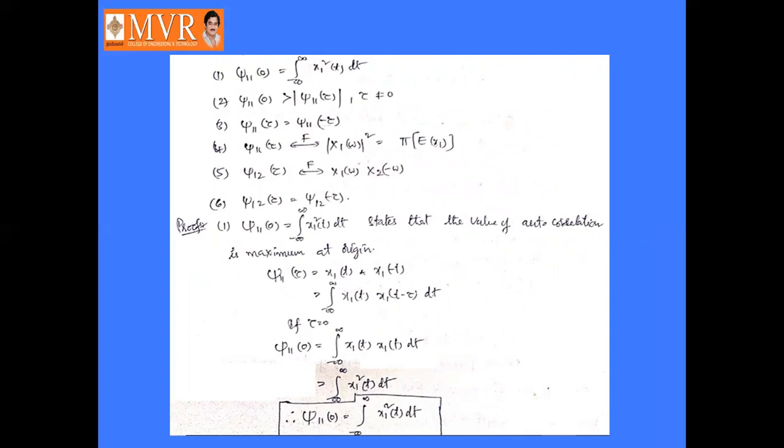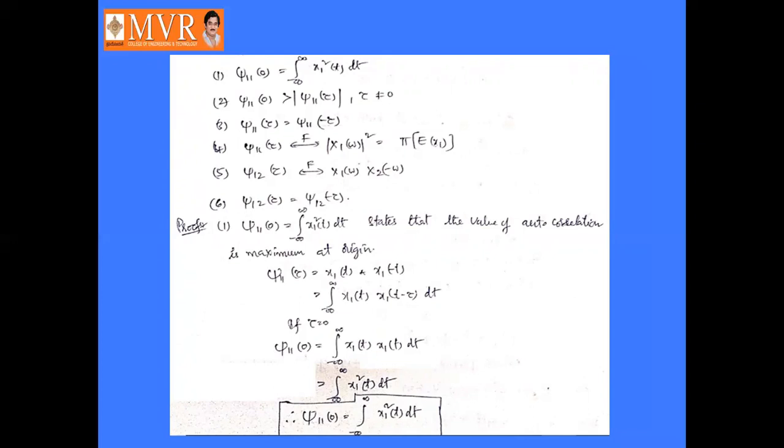And the second property is phi11 of 0 is greater than mod phi11 of tau, where tau is not equal to 0. And the third property is phi11 of tau equal to phi11 of minus tau. Autocorrelation is an even function.